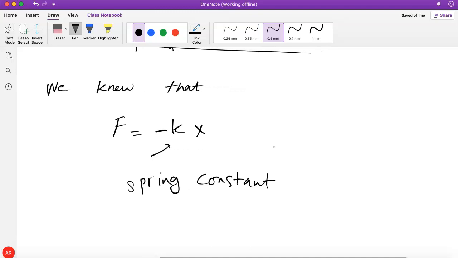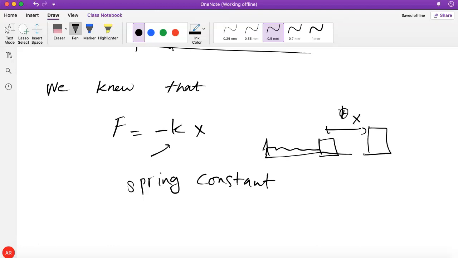For example, if you have a spring whose natural length is here, and you pull it by some length x to this point, it's going to apply a force in the opposite direction to this mass, right? It's stretched, so it's pulling back whatever it's attached to, and the magnitude of the force is just k times x.